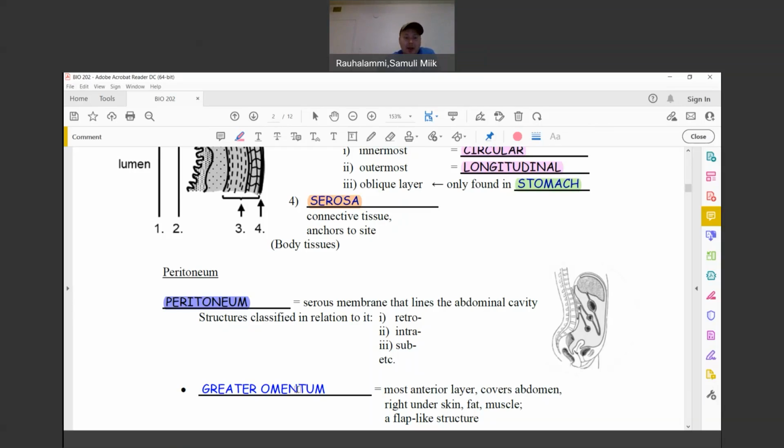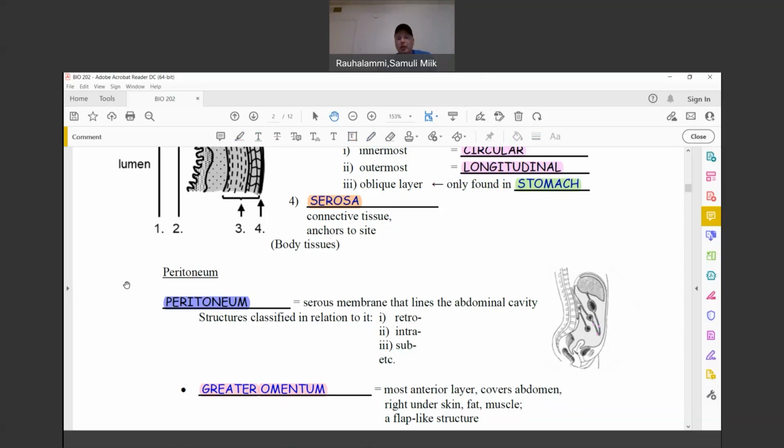A part of the peritoneum that we mentioned in the class is a structure known as a greater omentum. And we can see greater omentum on this diagram as this little fold. If you dissect into the abdominal cavity, it's one of the layers after the skin and muscles, adipose tissue.